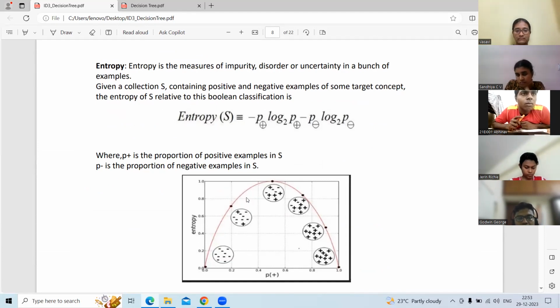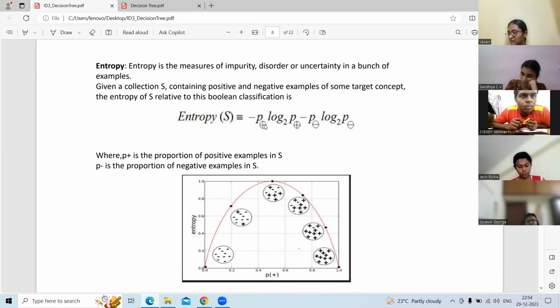We already have had a lot of discussions on this. The formula to find entropy is minus p plus log base 2 p plus, minus p minus log base 2 p minus. This means the probability of all the negatives times the log base 2 of it, and similarly, this is the probability of all the positive values.